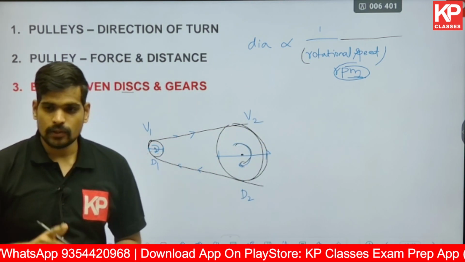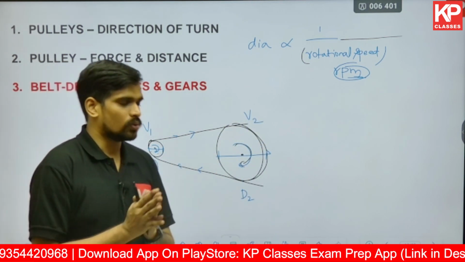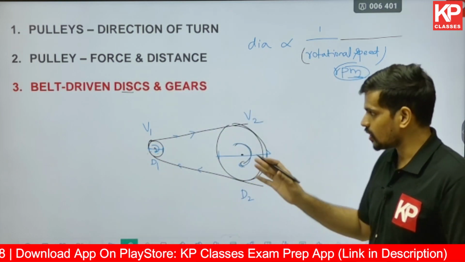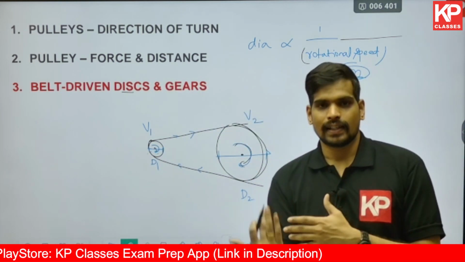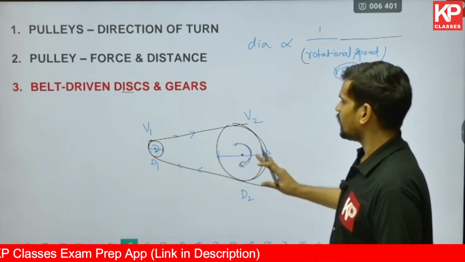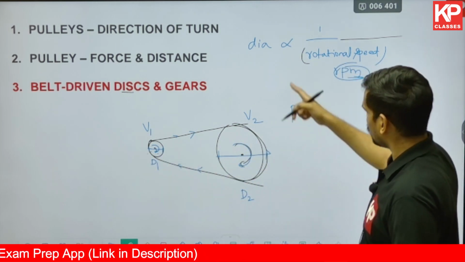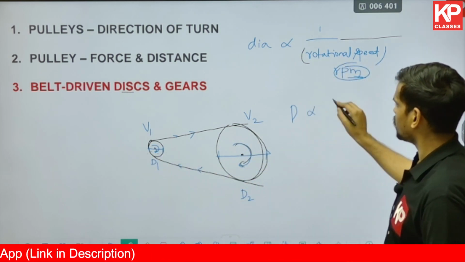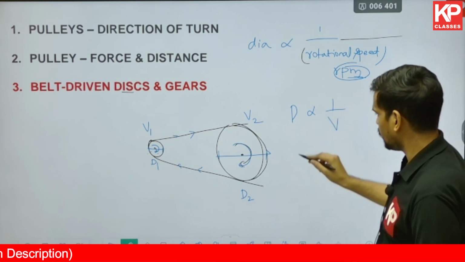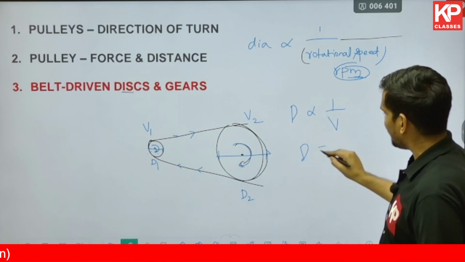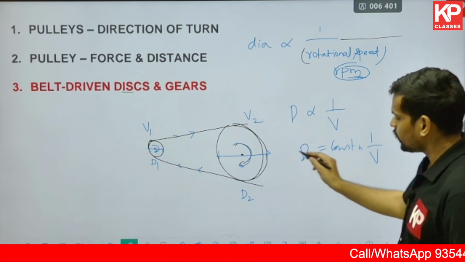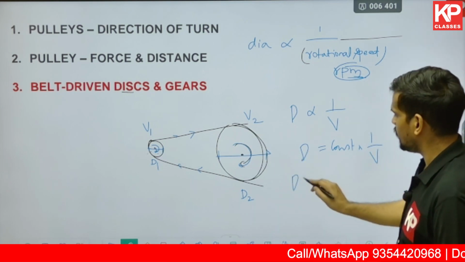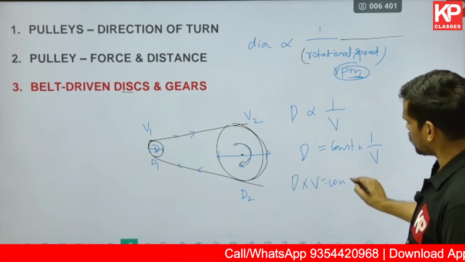The relation between these four values: questions are always based only on this concept in the examinations, where you have to apply this logic of relation between diameter and velocity. The relation between diameter and velocity is always this way because they are inversely proportional. So d is inversely proportional to the rotational velocity. This implies d is equal to some proportionality constant into 1 by v. So the v comes to the other side, it becomes d into velocity is equal to constant.